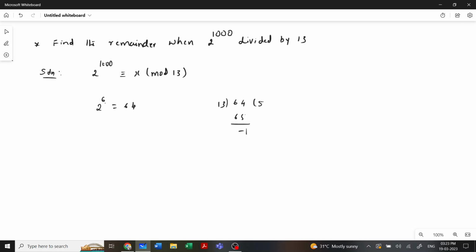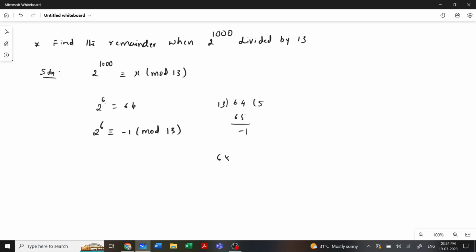So 2 to the power of 6 is congruent to minus 1 in mod 13. Now raise the power on both sides such that it is nearer to 1000. That number is 166.